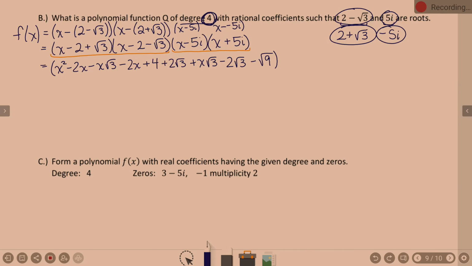Now, because I don't want to move on and forget it, we'll clean this up in a moment, but we also need to FOIL the x minus 5i and the x plus 5i, right? It'll be nicer.